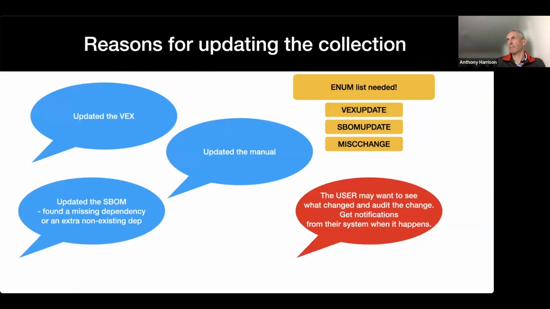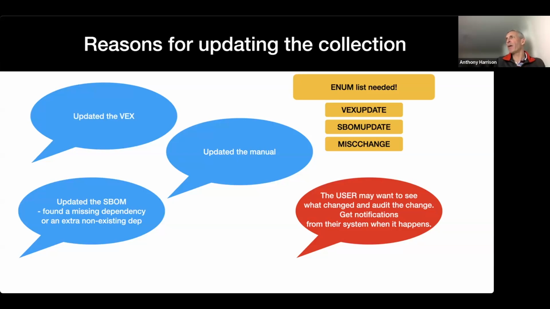Next slide, please. So I think it's important to think about why you're going to update this collection. It's going to be quite dynamic. Some of the components are going to be very changeable, some of them are going to be very static. But we do need to think about what those reasons are. Currently, we think there's going to be a number of pretty obvious changes, like an update for a VEX for a vulnerability, or an update to an SBOM.